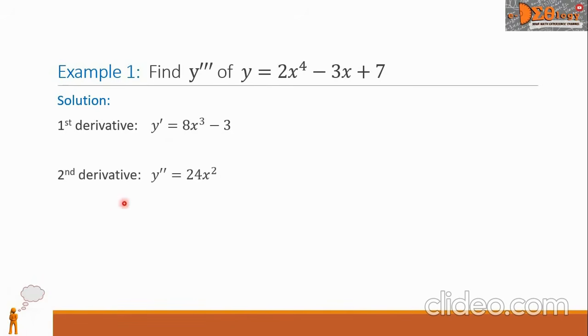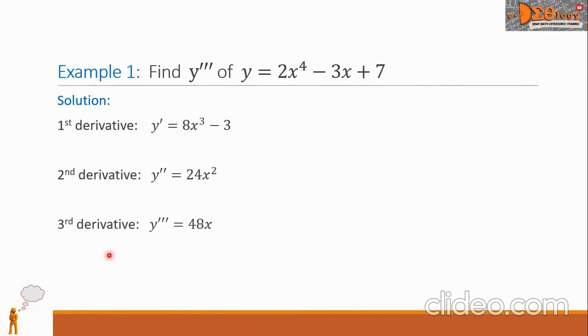Next, for the second derivative, that is y double prime equals 3 multiplied by 8 becomes 24 times x raised to the power 3 minus 1. So we see here 2. So y double prime is equal to 24x squared. The derivative of the constant is 0, so we will not write anymore.